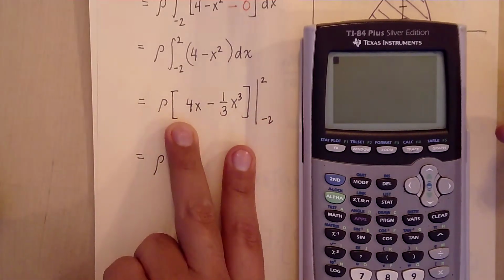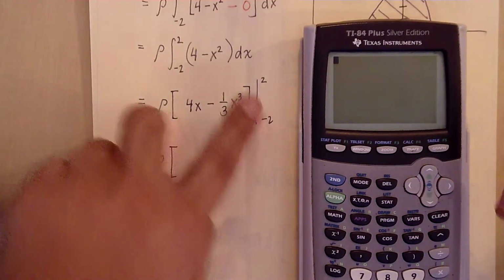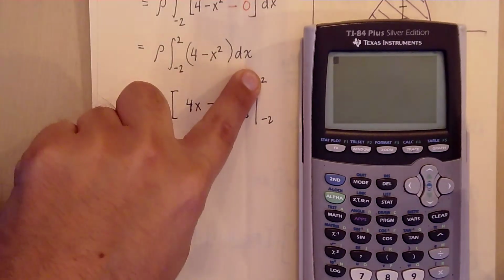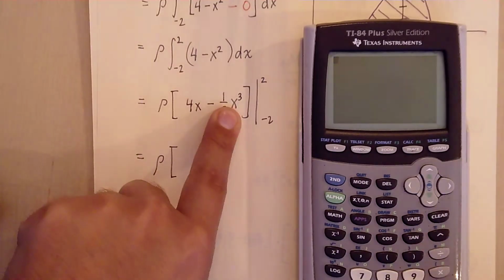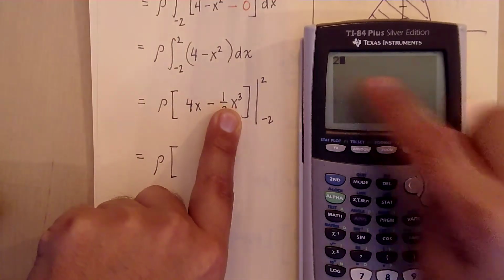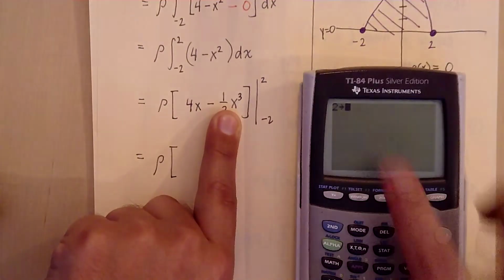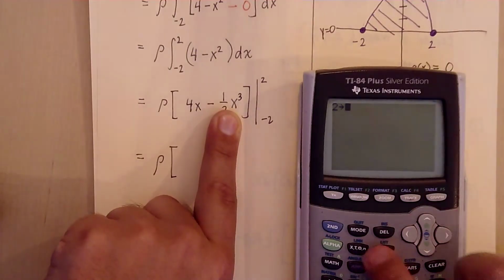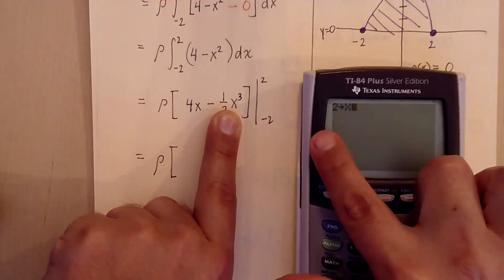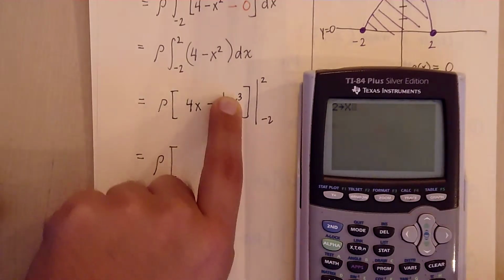If we're going to plug in this number 2 for x, then we can type 2 in our calculator, and then press this button down here that says STO, that says store. So we're going to store 2 as x, and I'm going to press this button here that has X, T, theta, n, like so. So 2 is going to be stored as x, okay?